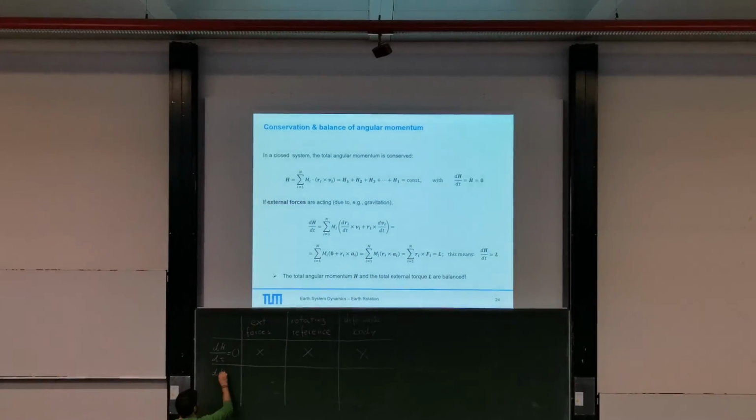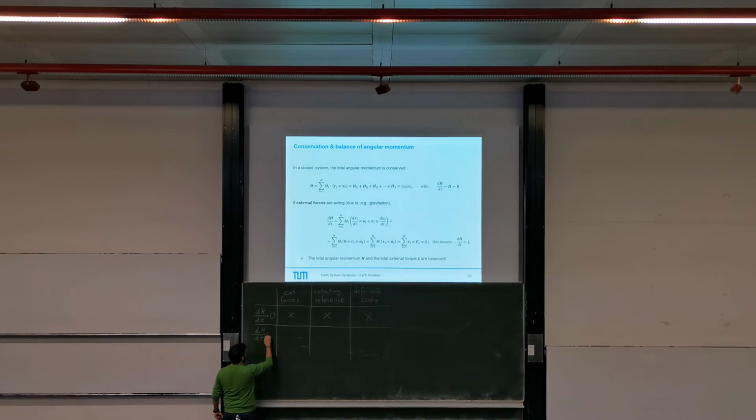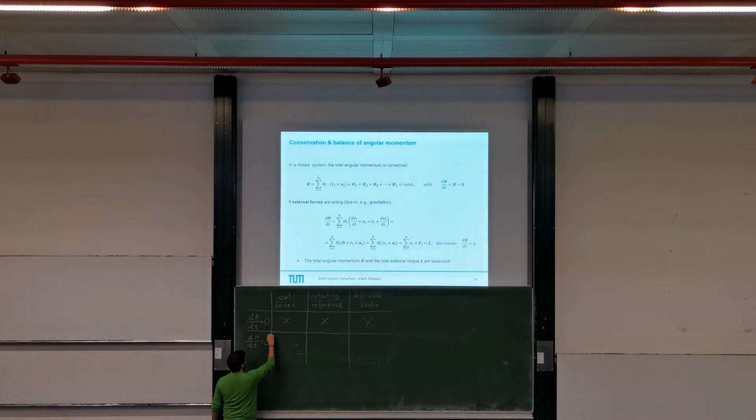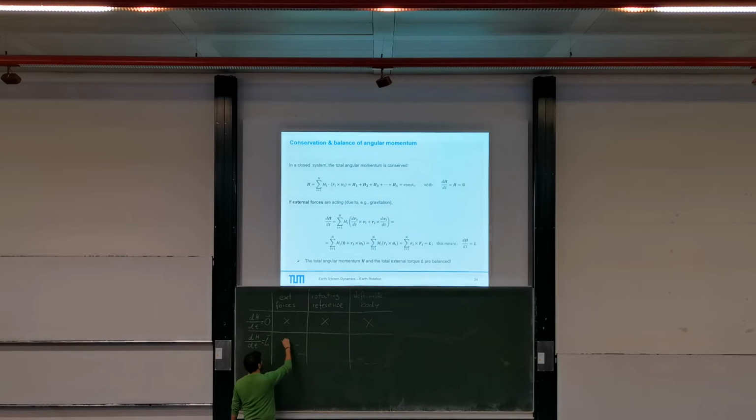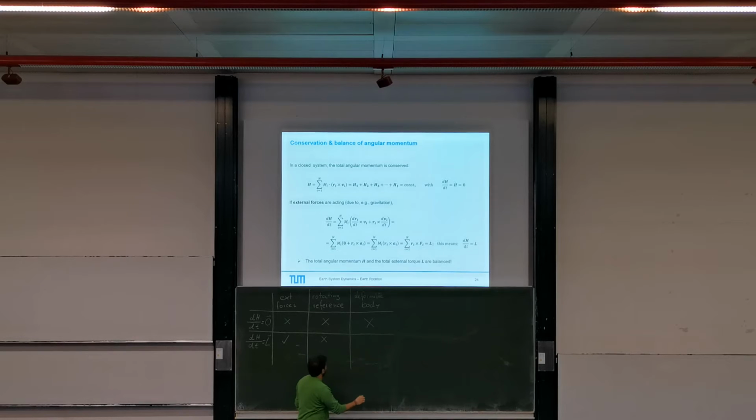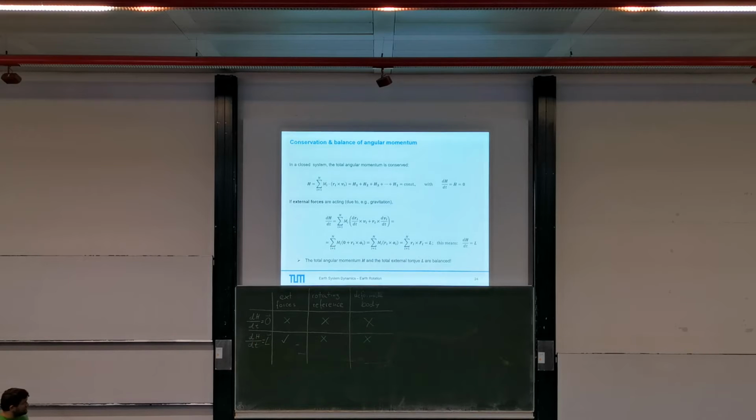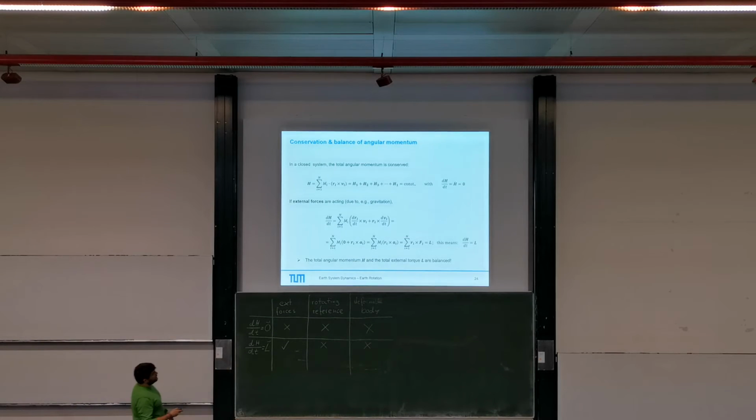So our derivative with respect to time is not equal to 0, but equal to the external torques L. This means, in fact, we now account for external torques. We still do not account for the rotating reference, and for sure we are still in the rigid system, which means the change from the first row to the second row is simply caused by this introduction of the external torques.